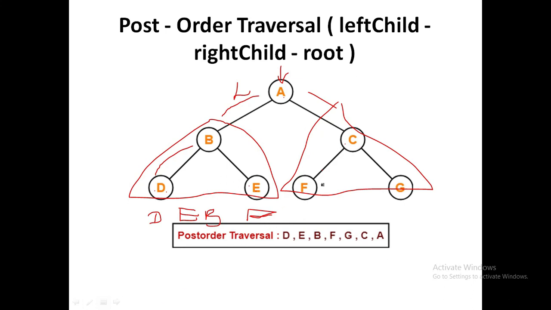After writing left, we have to write the right element of C, that is G. After that, we write C. So D, E, B, F, G, C. We have completed the left tree, and now the right subtree. Then finally we write the root node, that is A. This is the post-order traversal of the tree.